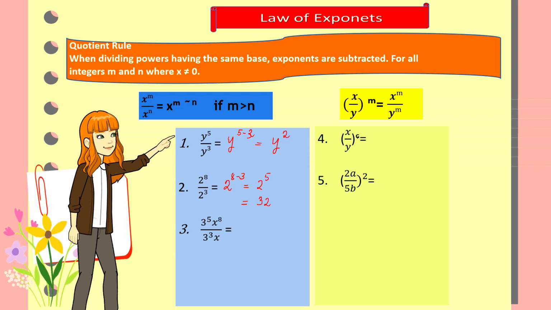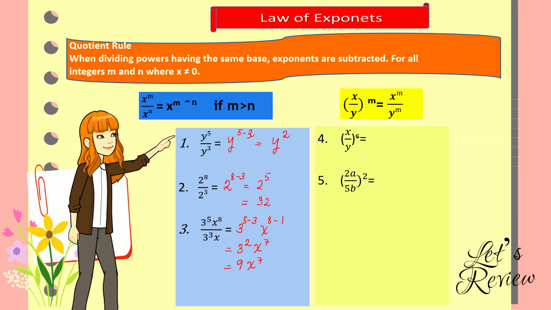How about number 3? We have the same base 3 and then subtract the exponent 5 minus 3 and x, 8 minus 1. So 5 minus 3 is 2, so 3 squared, and then x is 8 minus 1 is 7. So you will have 3 squared is 9 and x raised to the 7th power.